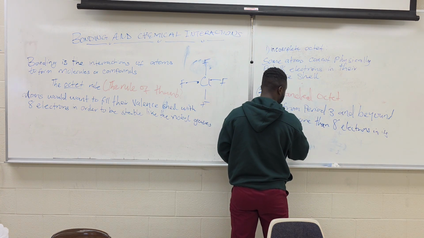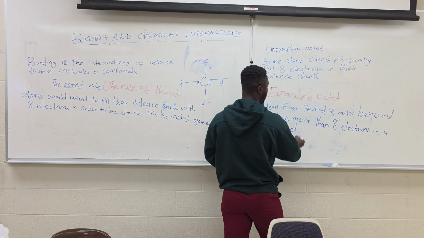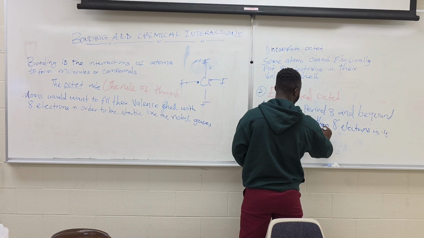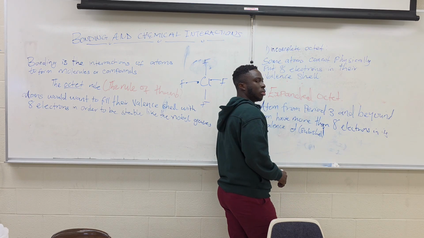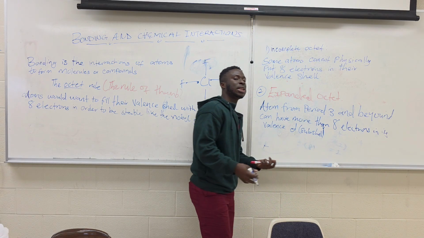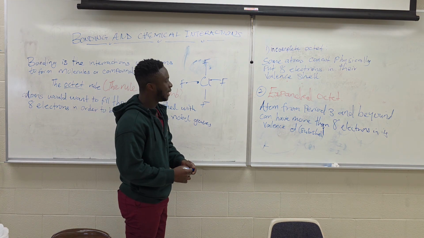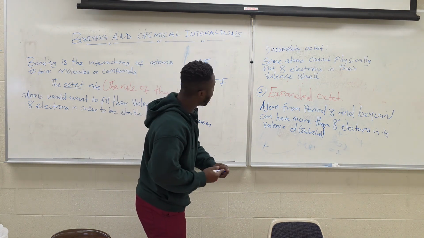In the valence d subshell, because they can utilize the d subshell like this. So when it utilizes it, it will put more than 8 electrons in it. That is the second rule.